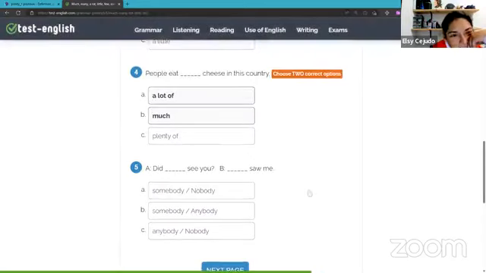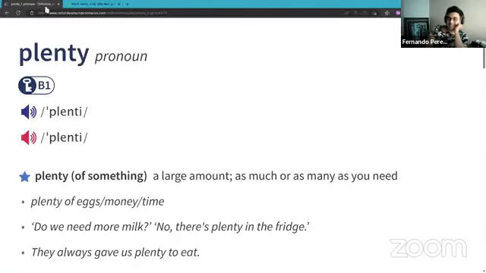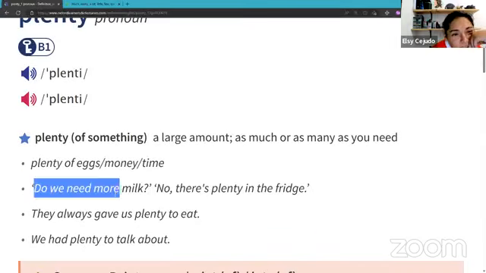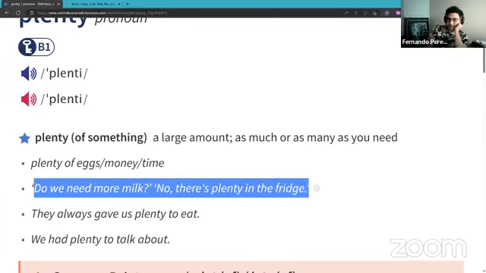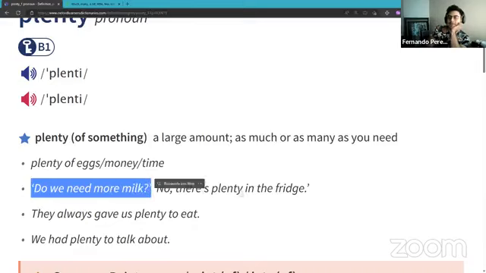There was an example with milk, exactly, and also we don't need milk. Because, well, we don't need milk in this case because probably I went to the supermarket yesterday. That's the reason. Is like, do we need more milk?